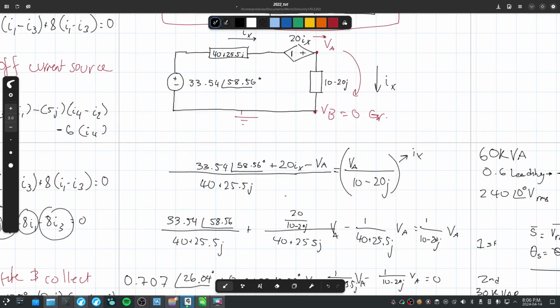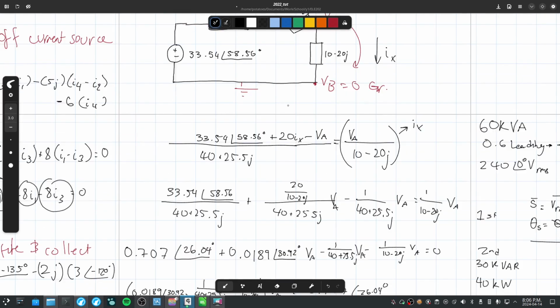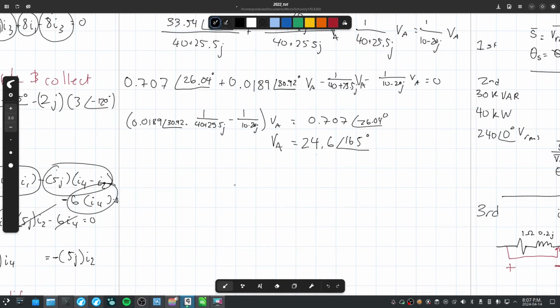How does that work out? You mean in a sense, or mathematically? Because all we do is split it into its denominator. Dependent sources are wild, man. I just follow the equations and they work out. I could show you on MultiSim in a second. So you get 24.6 with a phasor of 165.